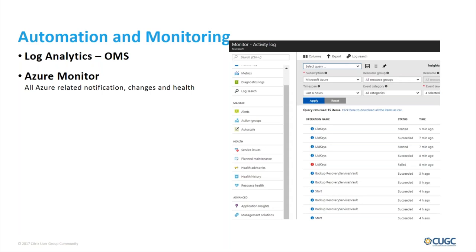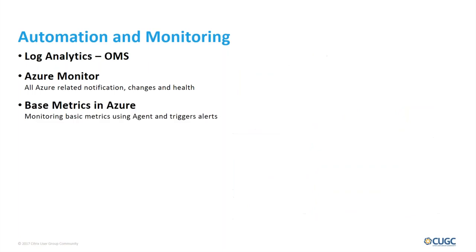You have Azure Monitor, which basically lists out all the related activities happening in Azure. So if someone deletes a virtual machine or creates a virtual machine, all that information is being gathered and can easily be queried from Azure Monitor. It will also notify you if you have planned maintenance or service issues or outages inside of Azure.